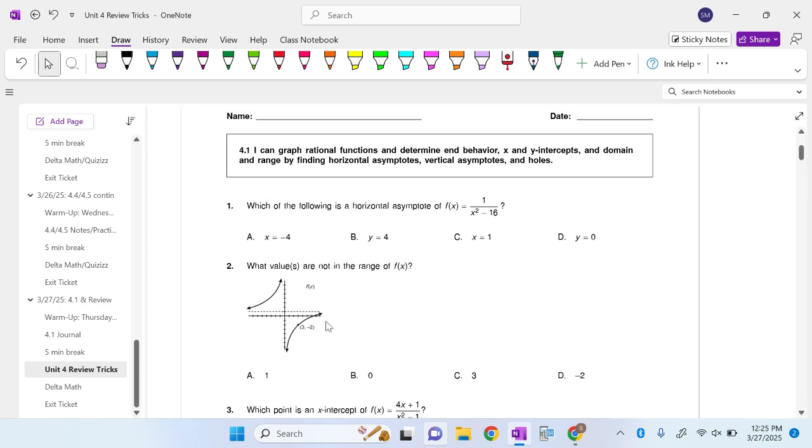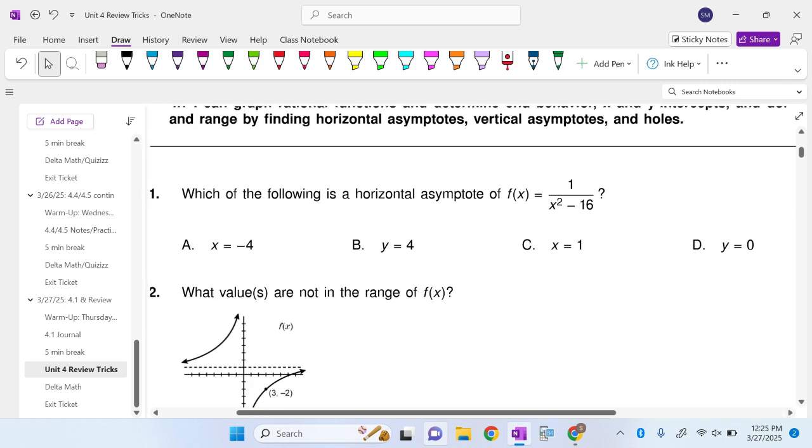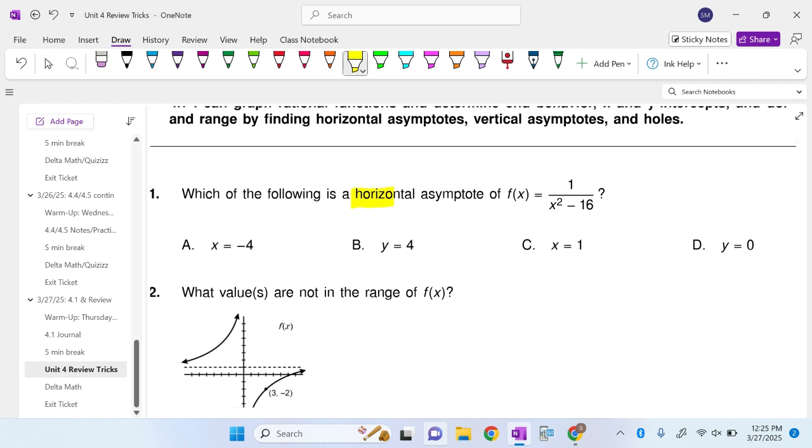I'm going to look at the very first question. This is a question that goes with something that we already discussed. It says to find the horizontal asymptote of this function. There's two ways to go about this. You could use the cases that we just learned, based off their degrees, or what did I say an asymptote is?